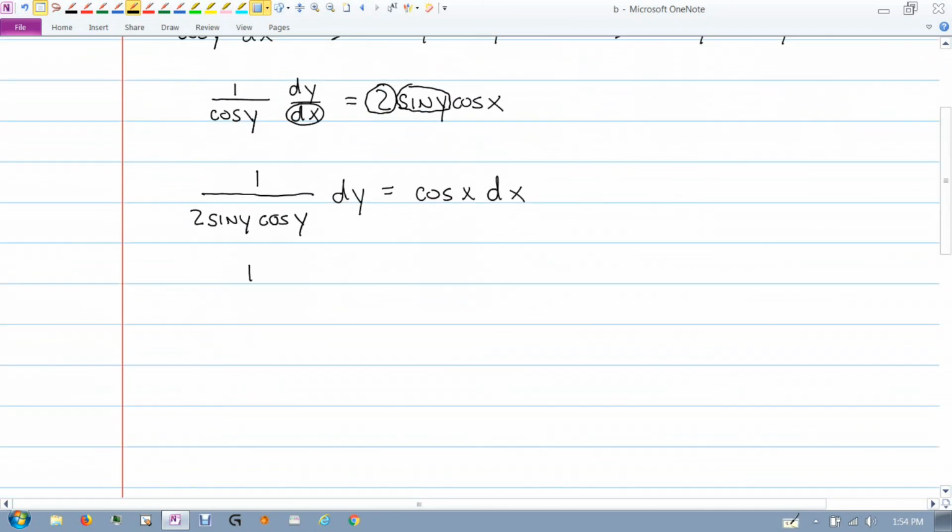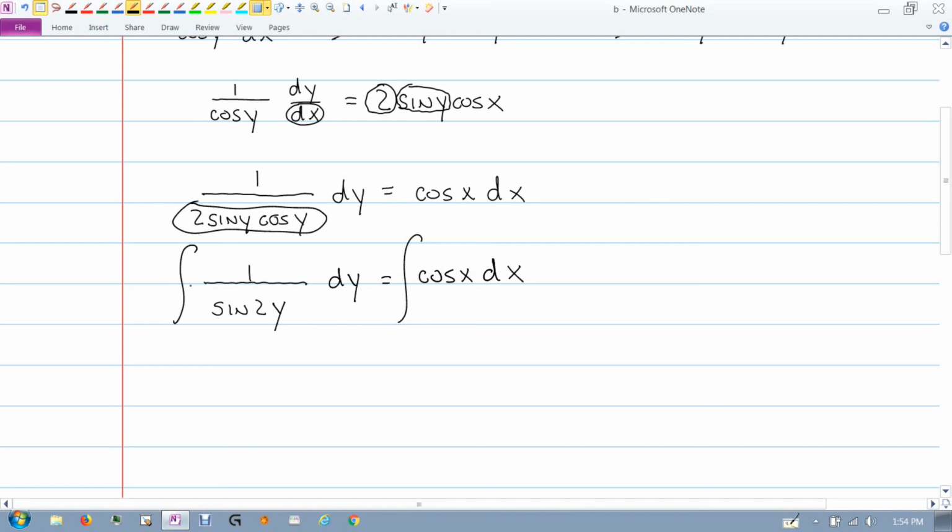I'm going to just use an identity here again, that the denominator is sine 2y, so this is a double angle identity. dy equals cosine x dx. And then I can integrate, but on the other side, I'm going to rewrite this as cosecant of 2y, because 1 over that would be that. All right, so where am I at?